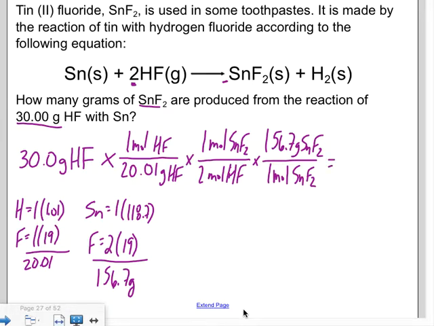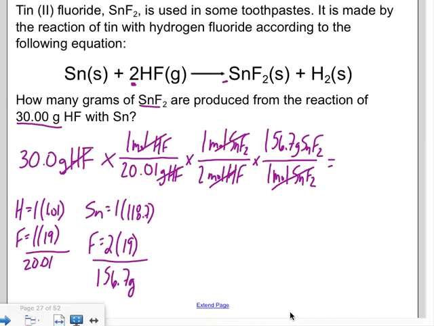Okay, I've set it up. There's my 3 conversion factors. Molar mass of my given, mole ratio, molar mass of my unknown. Notice that my units will cancel out. Grams of HF will cancel out. Moles of HF will cancel out. Moles of SnF2 will cancel out, and I will be left with grams of SnF2.